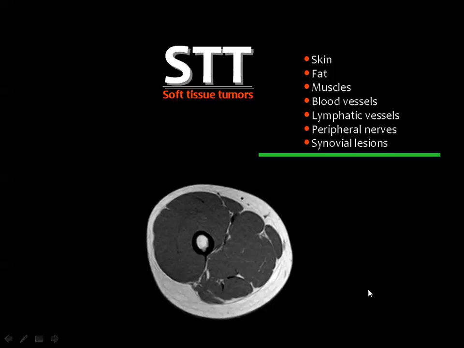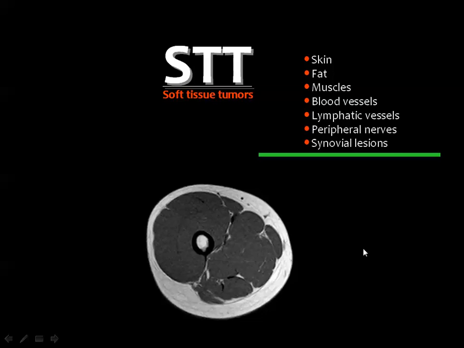Most of the soft tissue tumors arise from one of these components of the limb: for example, the skin and connective tissue, the fat, the muscles, blood vessels, lymphatics, the peripheral nerves, and the synovial lesions. Of course, you have many soft tissue tumors where we are not able to identify the exact cell of origin, and we will also handle other tumors like lymphoma and metastases to the soft tissues as well.